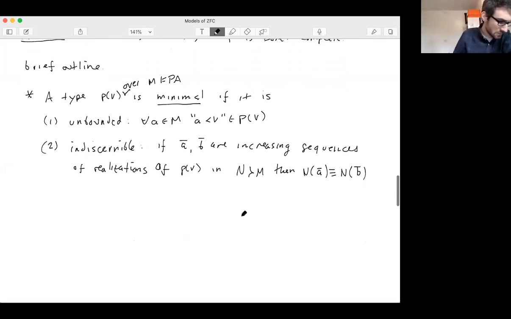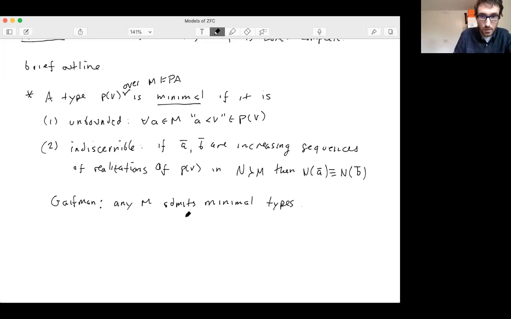Okay, so Gaifman showed any M admits minimal types as well as indiscernible types. And then the next step is what do we do with minimal types?